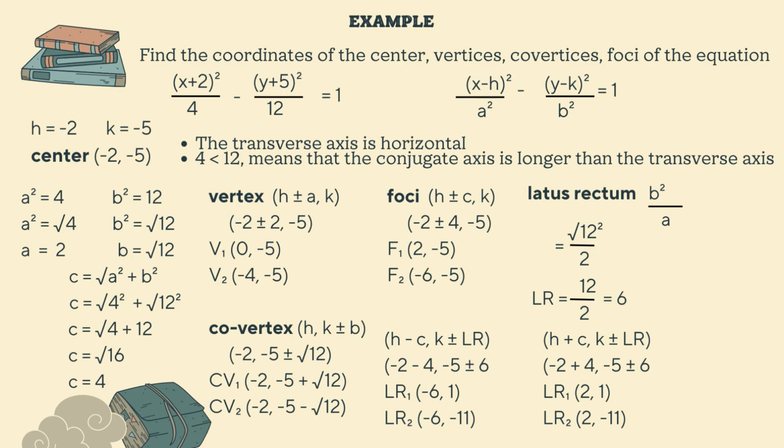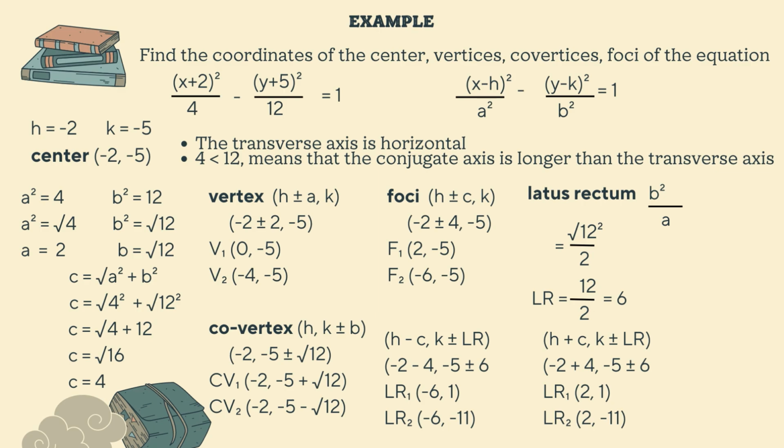Next, we will find the vertices. For the vertices, we have h plus minus a, k, where our h is negative 2, our a is 2, and our k is negative 5. So negative 2 plus 2 is 0, negative 2 minus 2 is negative 4. Copy negative 5 for k. So our vertex 1 is (0, negative 5), and vertex 2 is (negative 4, negative 5). Next, we will find our co-vertices.